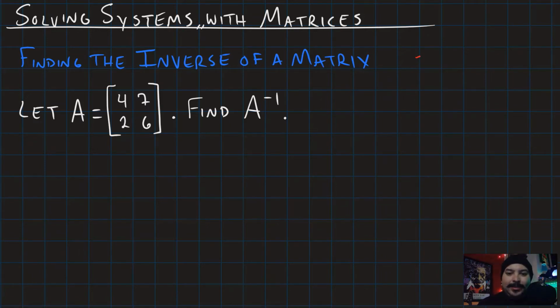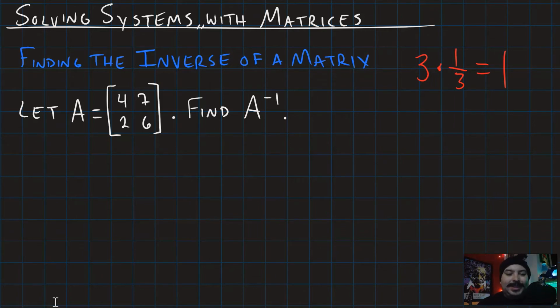If I take 3 times its reciprocal, 1/3, it equals 1. The inverse of a matrix works the same way. When you multiply the inverse of a matrix with its original matrix, you end up with I, the identity matrix.